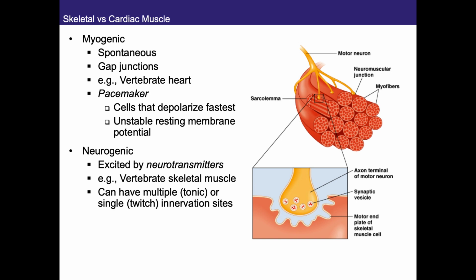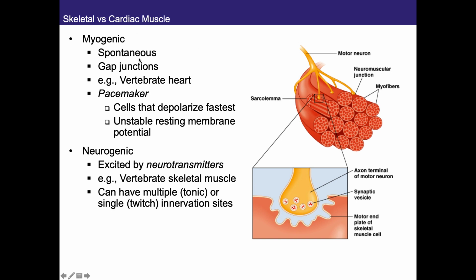So what that means is the cardiac pacing is within the muscle itself. That's why it's called myo meaning muscle, genic meaning origin. So the heartbeat is initiated within the muscle itself. So it contracts spontaneously.